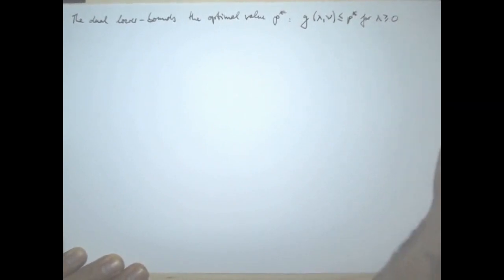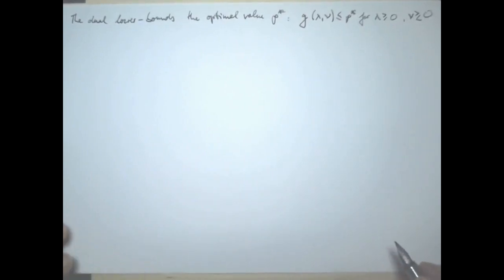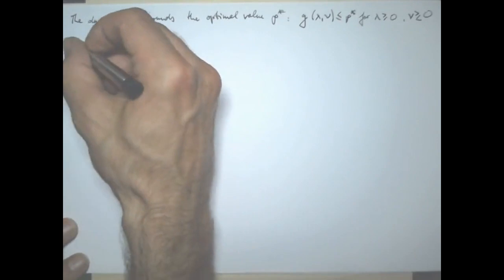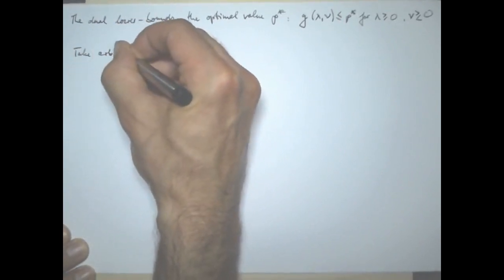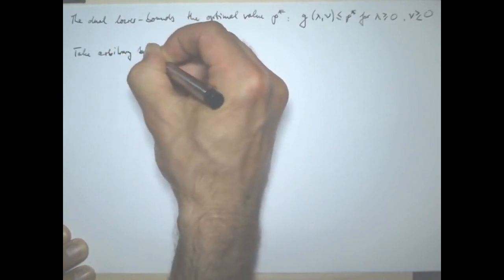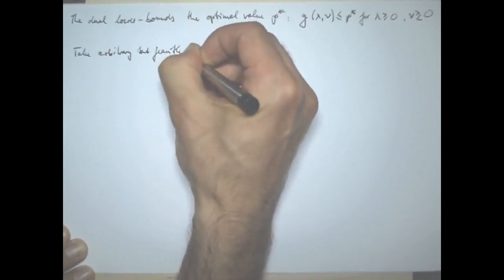We have no constraint on nu, so nu could be larger than 0 or smaller than 0, or it could equal 0. So to see that, we take an arbitrary but feasible point x tilde.